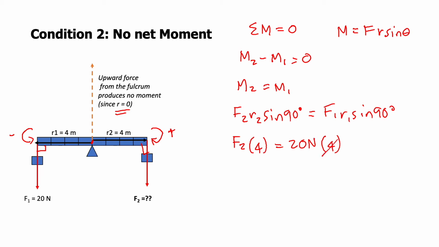So we can cancel 4. Therefore, F2 is equal to 20 newtons. F1 is the same as F2, therefore it's equal to 20 newtons also.